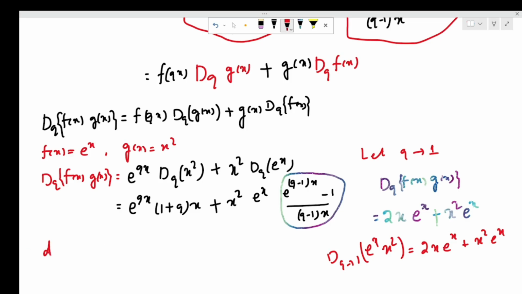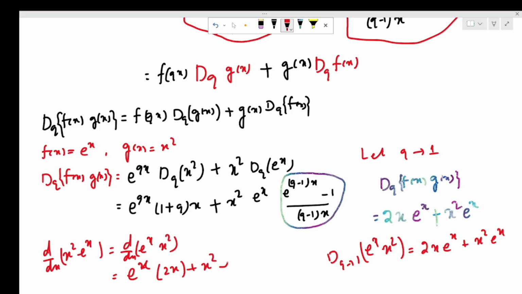Now, in the standard derivative, d by dx of x square e to the power x, we have the first function times the derivative of the second function, plus the second function times the derivative of the first function, and finally we get the same: 2x e to the power x plus x square e to the power x.